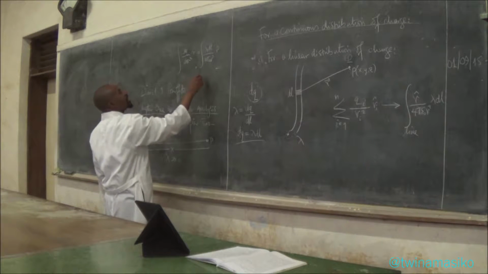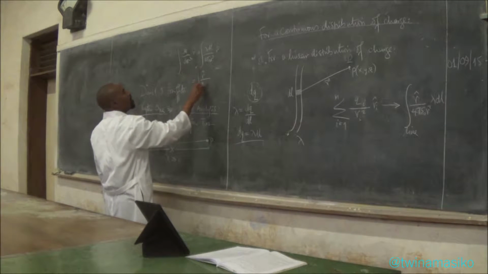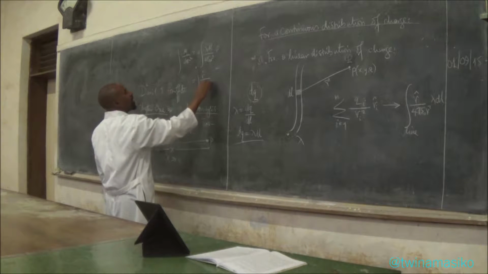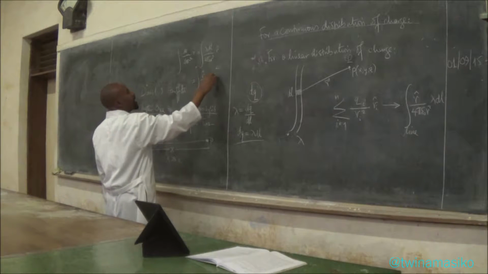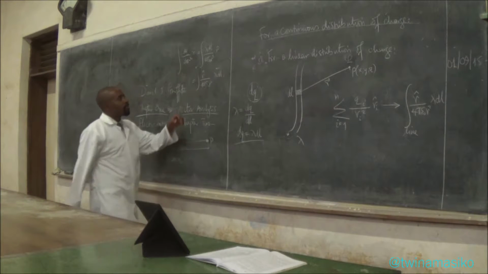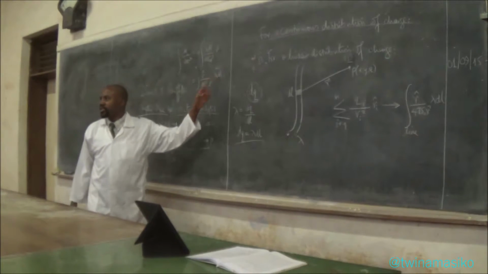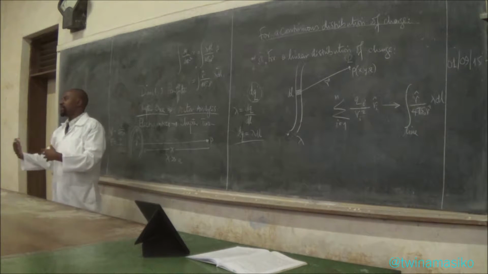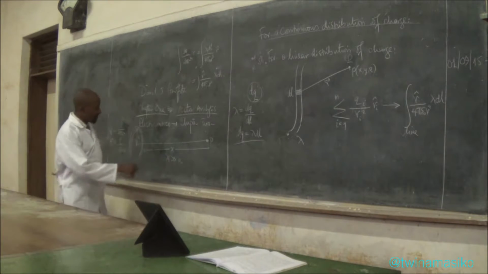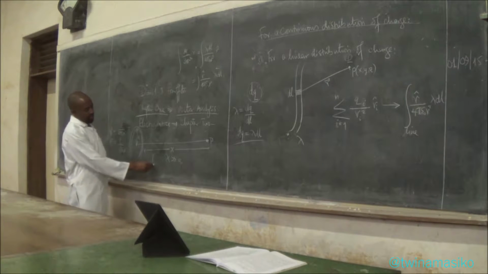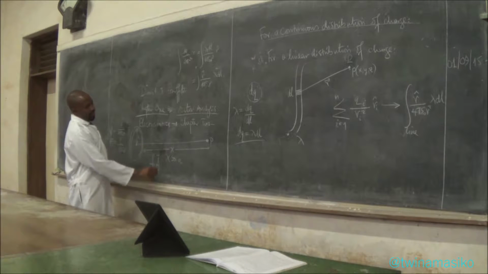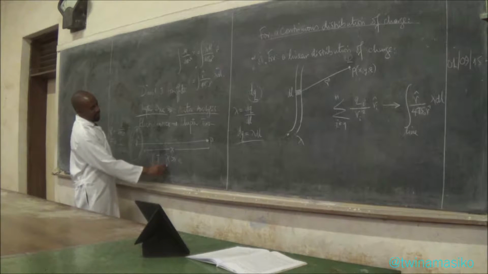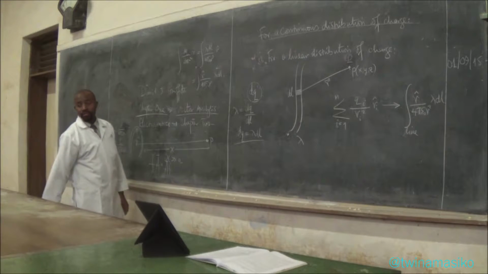But I can write it as R roof over 4 pi epsilon naught R squared, and then lambda. Lambda is a scalar, so it doesn't matter whether I put the scalar before or after the vector; if f is a scalar with my a, fa is the same as af.